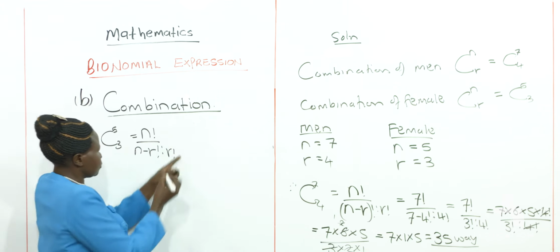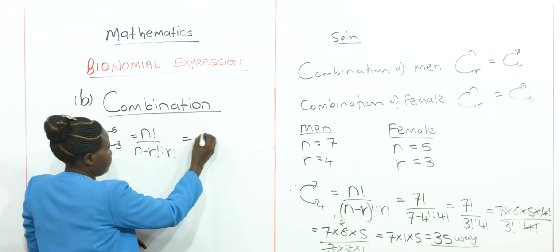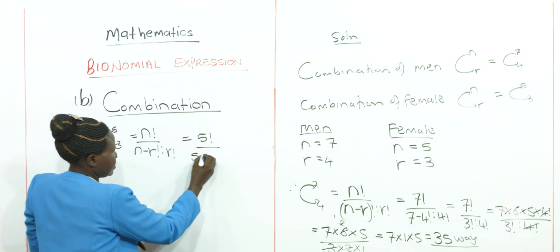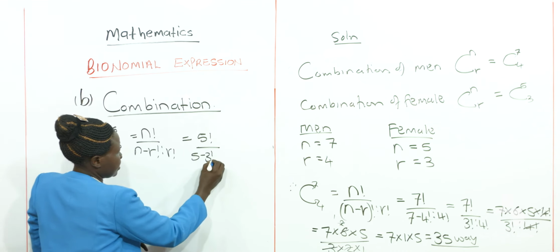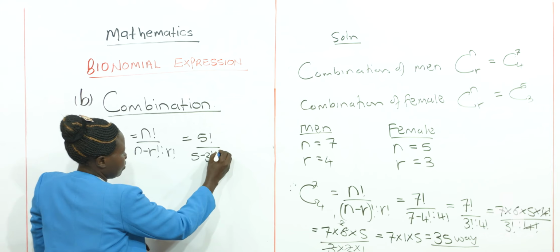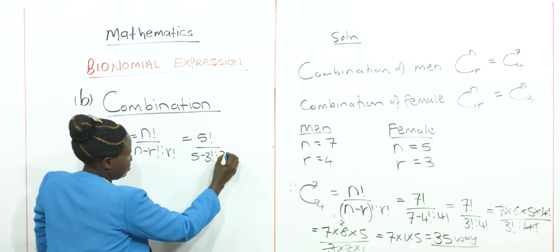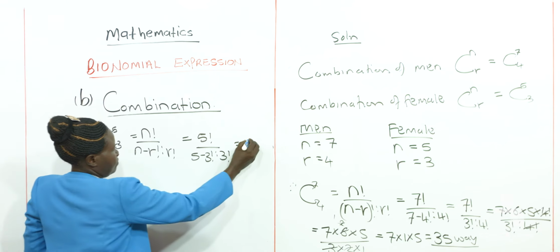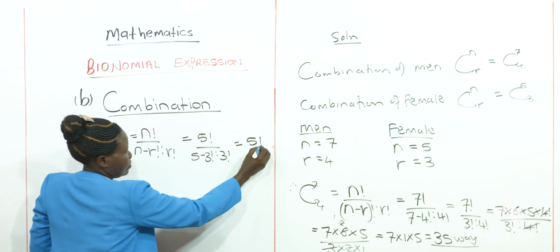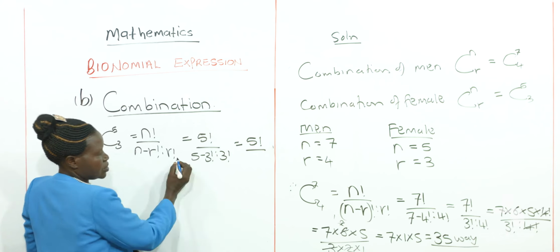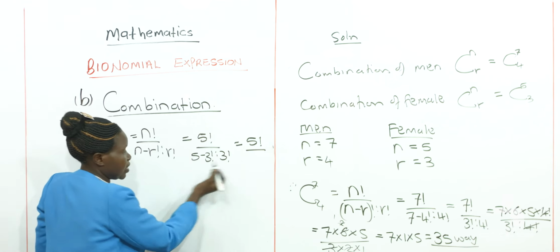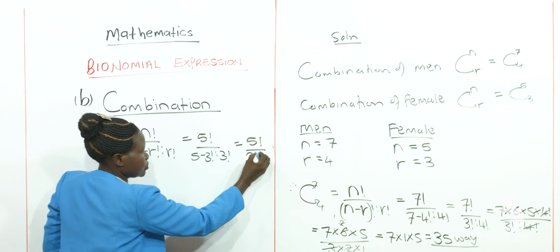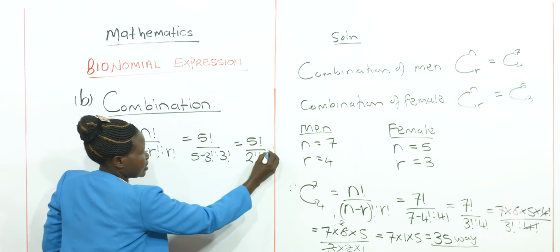So when we substitute this, we get 5 factorial over 5 minus 3 factorial ratio to 3 factorial. So this will give us 5 factorial over 5 minus 3 factorial, we get 2 factorial ratio to 3 factorial.